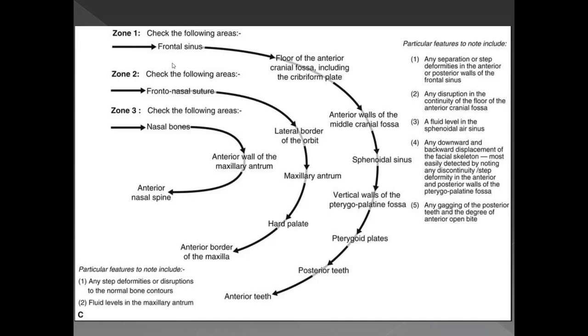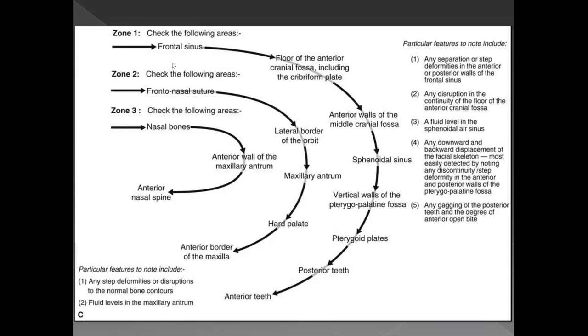So whenever you're evaluating these zones, what do you have to focus on? You basically have to look for any separation or step deformity in the anterior or posterior walls of the sinus. And other than that, you have to focus on any disruption in the continuity of the floor of the anterior cranial fossa. Again, it will be difficult to do on this. CT is much better, but still, if you can pick it up, that's good for you.